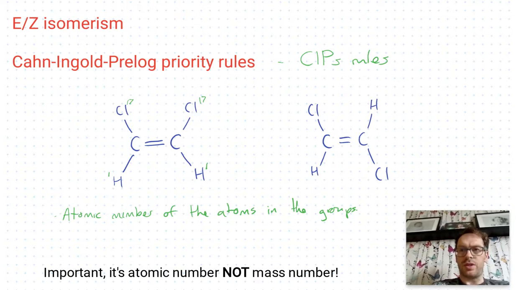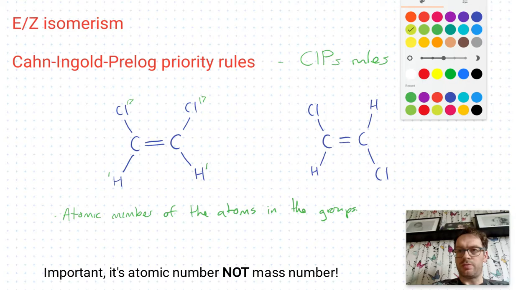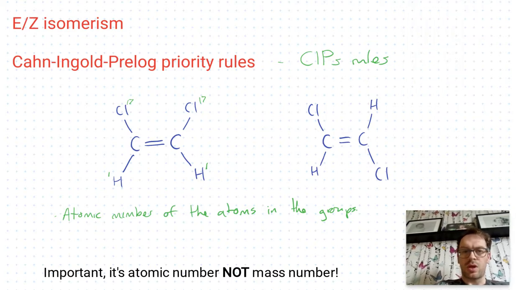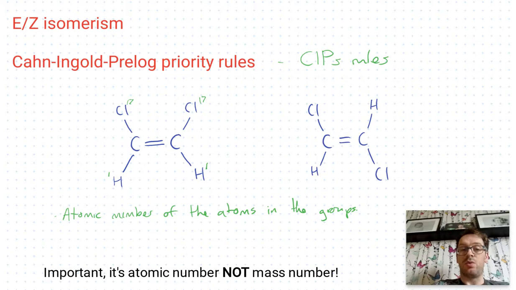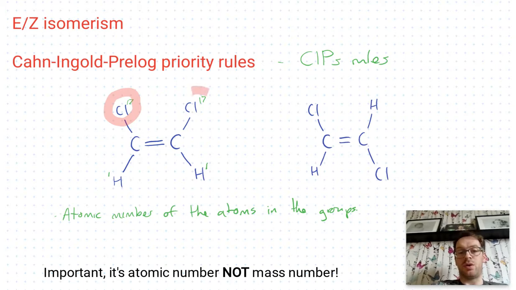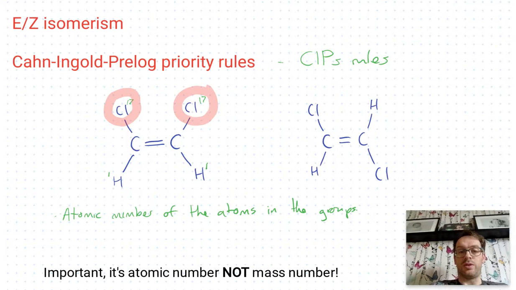Once you've got the atomic numbers, we want to decide which are the priority groups, and the priority groups will be the ones on each carbon with the highest atomic number. On the carbon on the left, we've either got the chlorine at the top with atomic number 17, or the hydrogen at the bottom with atomic number 1. So the chlorine at the top is the priority group. Then we do the same on the other carbon, and obviously they're the same atoms, so the chlorine will also be the priority group.